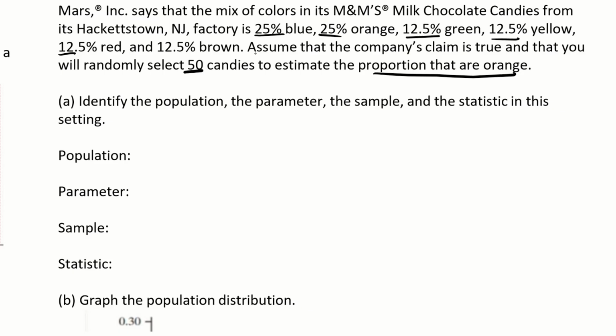All right, so the first thing we want to do is identify the population, parameter, sample, and the statistic. This is basically the first learning target, just to practice it. So in this case, the population is all the M&Ms, right? So all the M&M's milk chocolate candies produced by this factory in Hackettstown, New Jersey, so all of them. Okay, so we're going to write that.